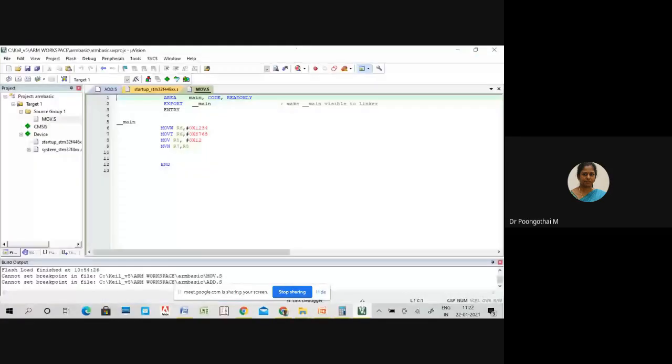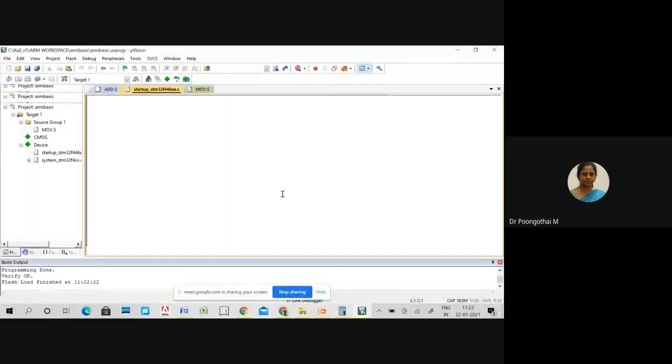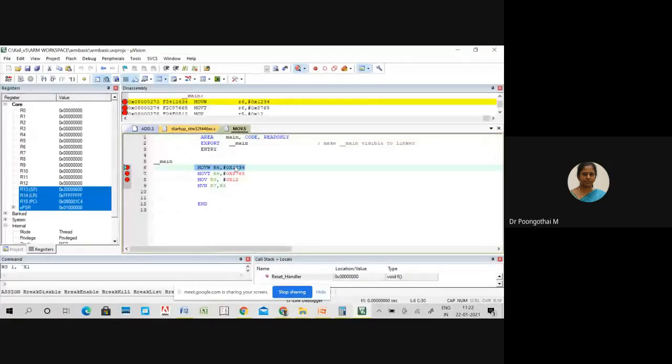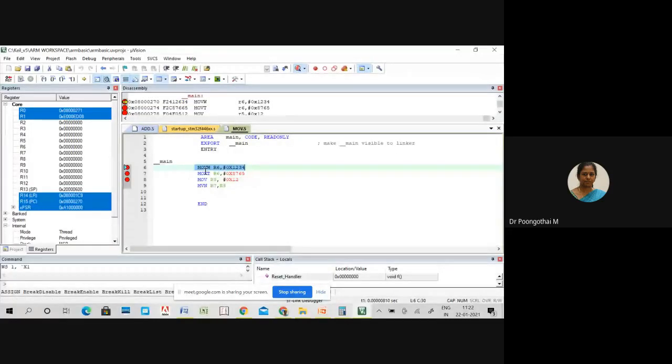So let's demonstrate this code. The first instruction, move word R6 comma #0x1234. So here your R6 is loaded with 1, 2, 3, 4.